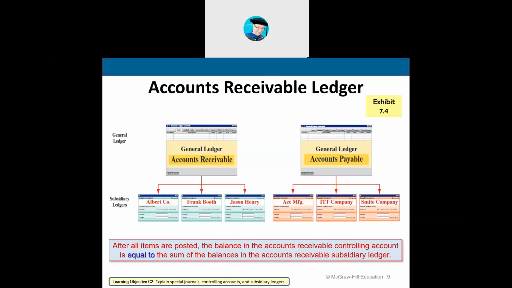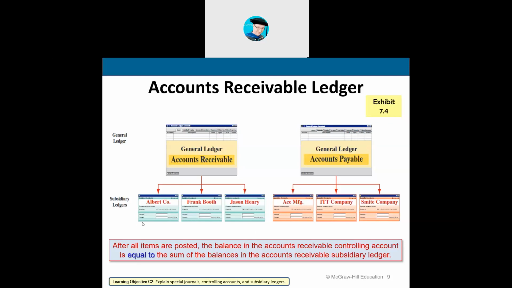WSSC is a subsidiary ledger for accounts payable. You see them going with this. So the people you owe money to are your subsidiary ledgers for accounts payable. Accounts receivable are your customers that owe you money. So that's how it's all controlled.